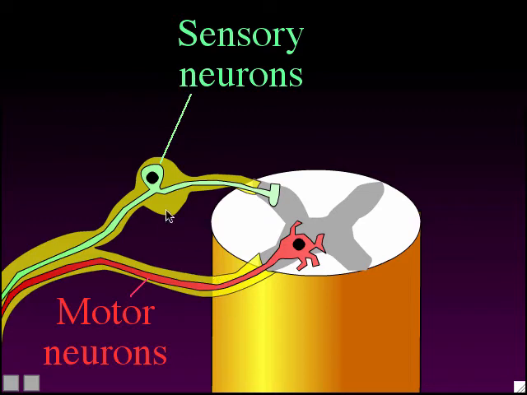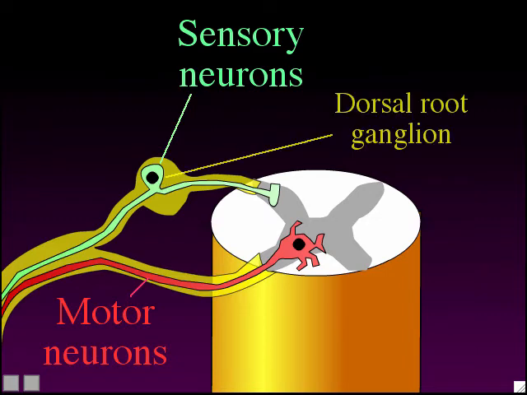And so that location right there in the dorsal root, where you have a cluster of these sensory neuron cell bodies, is called the dorsal root ganglion. It's a cluster of neuron cell bodies here inside this nerve, and you actually can see the dorsal root ganglion as sort of a bulgy part of the dorsal root if you were actually to look at someone's spine in an anatomy class.